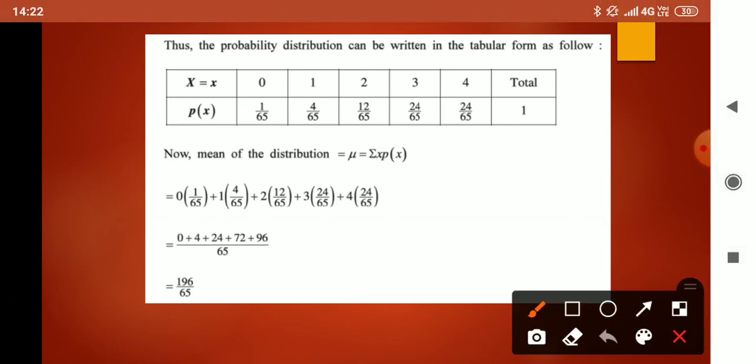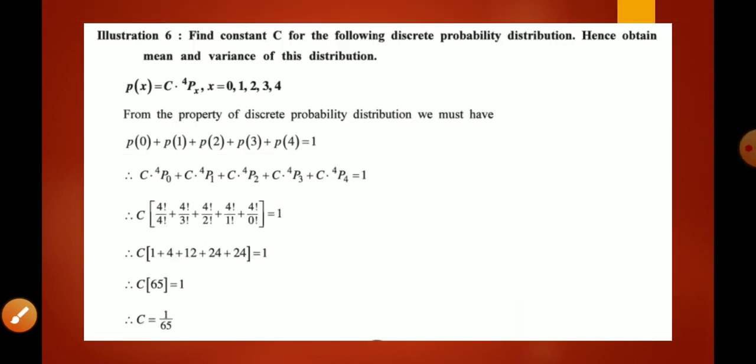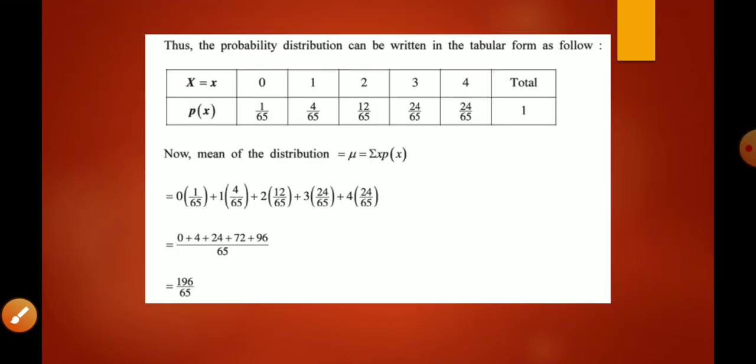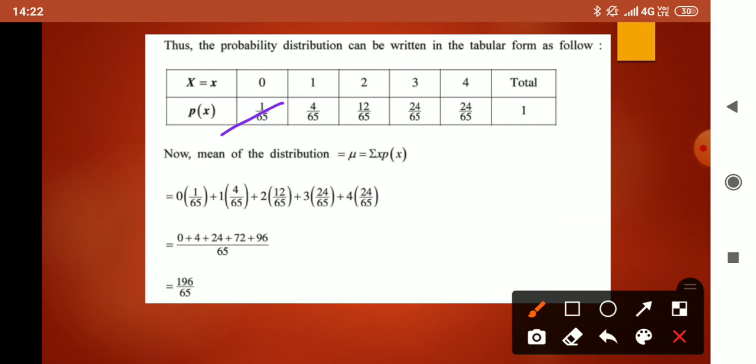Here for 0, P0 is C into 4P0, which is 1 by 65. 4P1 is 4 by 65. C into 4P2 is 12 by 65. Similarly for 4P3 and 4P4, C into like this. So your answer will be this and the total will be 1.